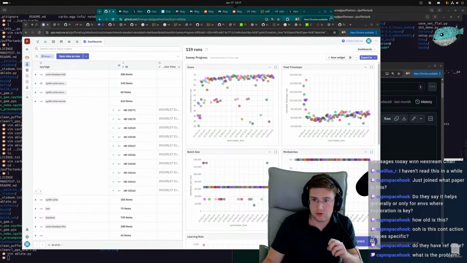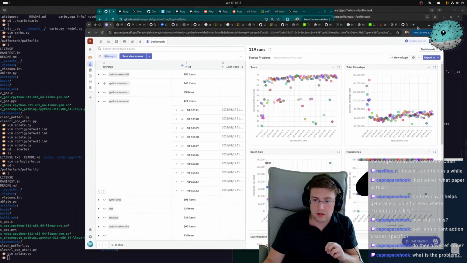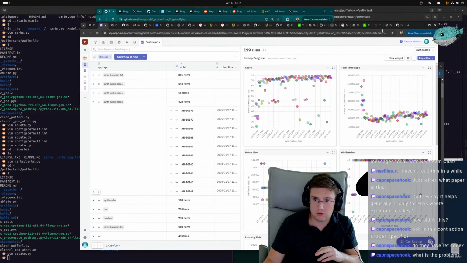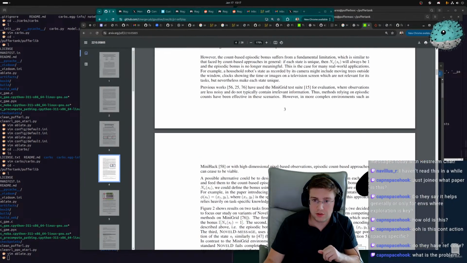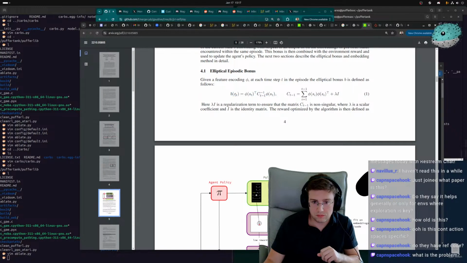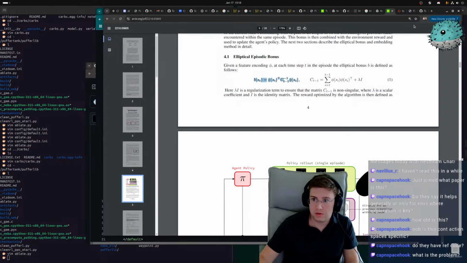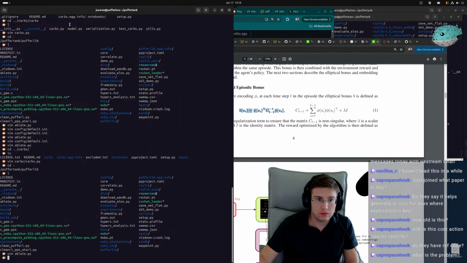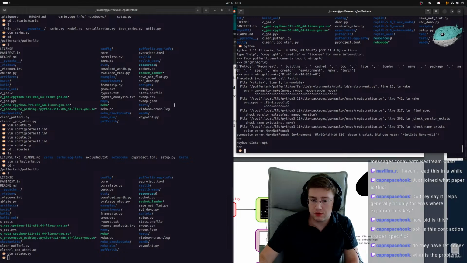Right now I need to start on this other thing here. Where's the paper? This thing. This really shouldn't be that hard to implement. So let's just do that. And puffer tank.